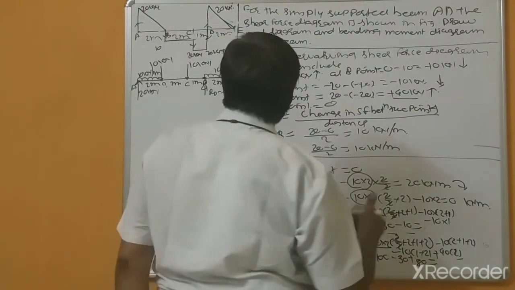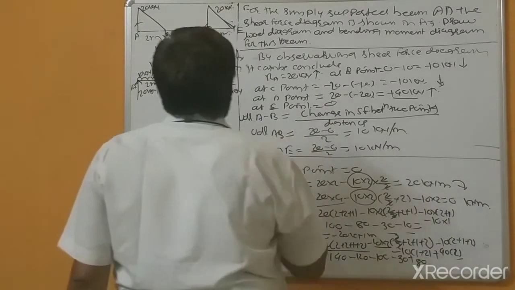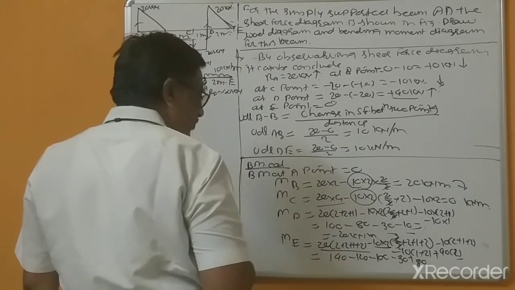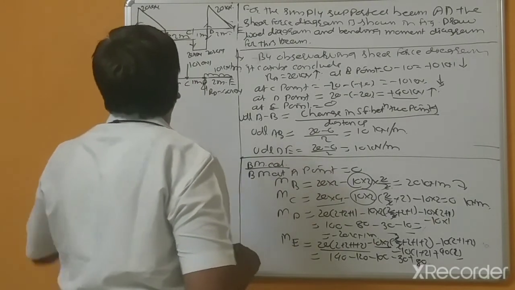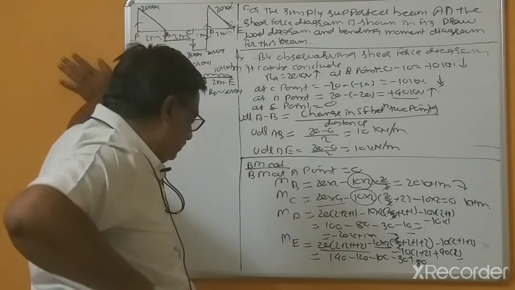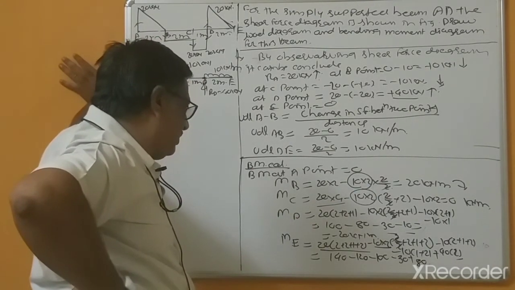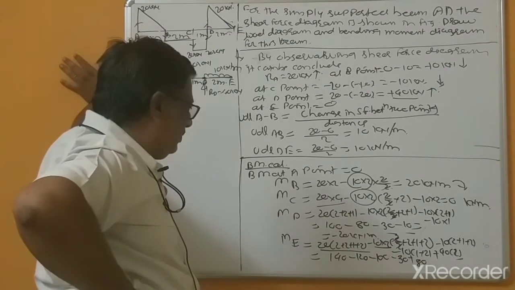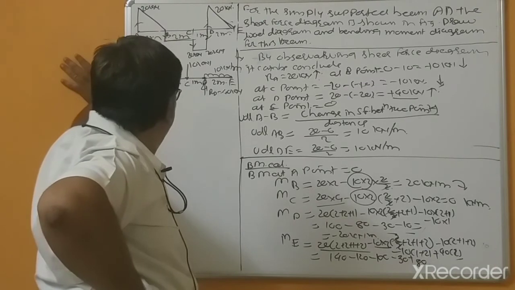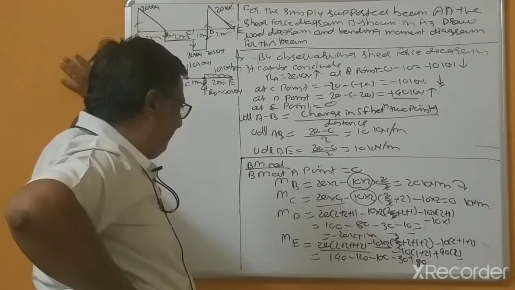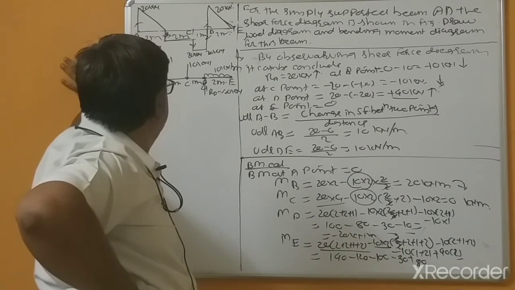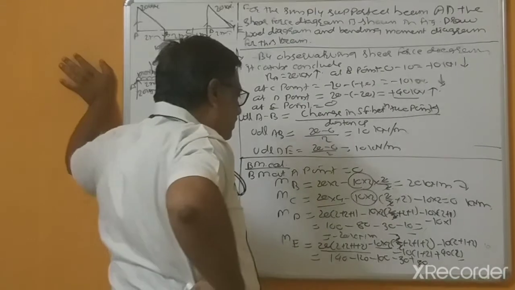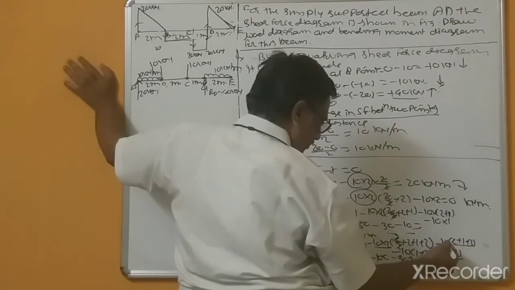And again here this uniform distributed load, this 40 into 80. So did I make any mistake? 2 plus 1 plus 1, right, that is 10 into 2. 10 into 2 plus 1 plus 2. Oh, I made a mistake here.